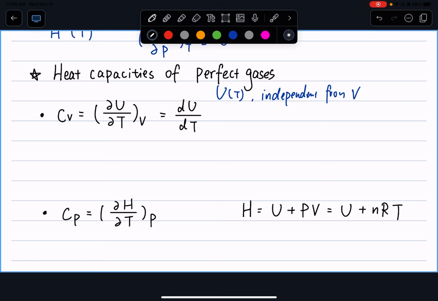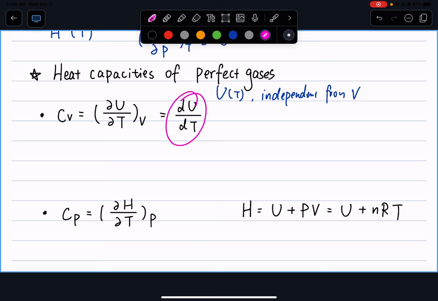All right, so this one is the most general. This one is the second most general, specified to a system where only reversible PV work is taking place. And then here, we're taking one more step to specify my gas is an ideal gas, and this partial derivative becomes a normal derivative of dU over dT. All right, so with me so far? That's why this class you need to follow a little bit more carefully, because this dU over dT will not be applicable if we're talking about a real gas, or a liquid.